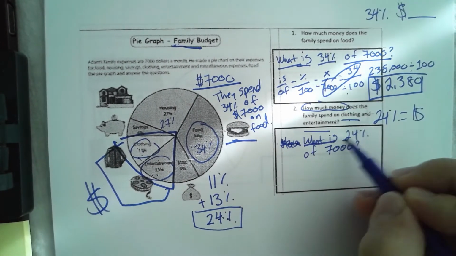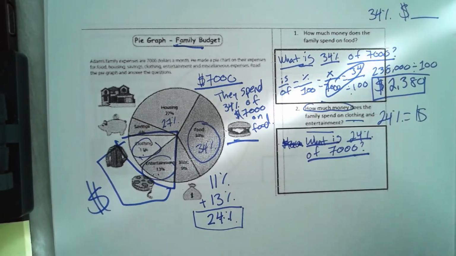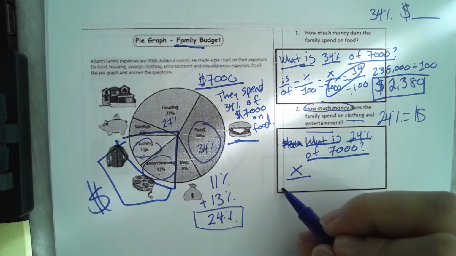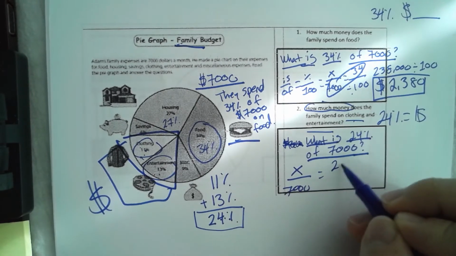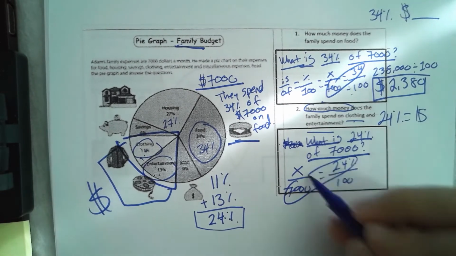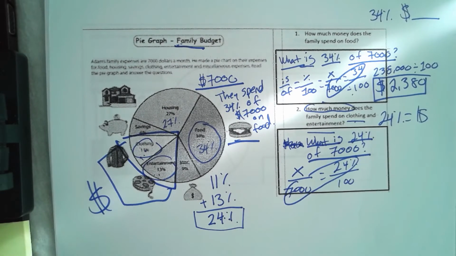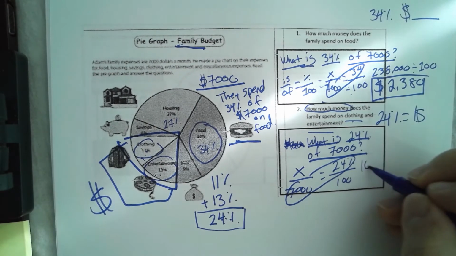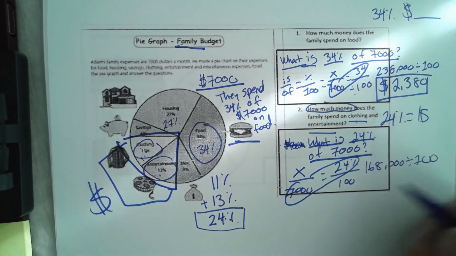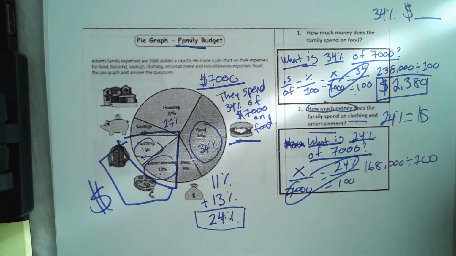I don't know what is of $7,000. 24%, 100. Do the same thing. Cross multiply 7,000 times 24%. I get 168,000. And then I divide by 100.